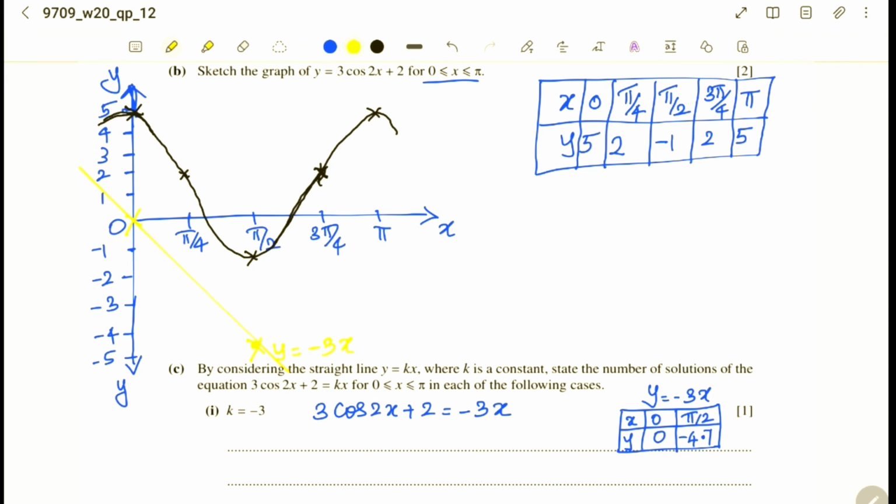And the curve and the straight line are not intersecting. So there is no point of intersection. So there is no solution for this.